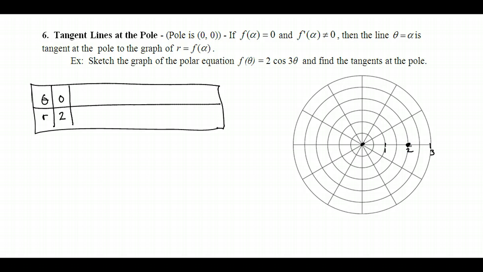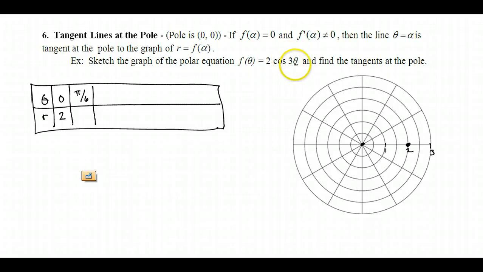Now the next thing that I want to evaluate is pi over 2. Well, I can't just say pi over 2, because if I plug in pi over 2, that gives me 3 pi over 2. And I want to be evaluating specifically what is cosine of pi over 2. So if I want it to be pi over 2, theta then would have to be pi over 6, because 3 times pi over 6 will give me the pi over 2.